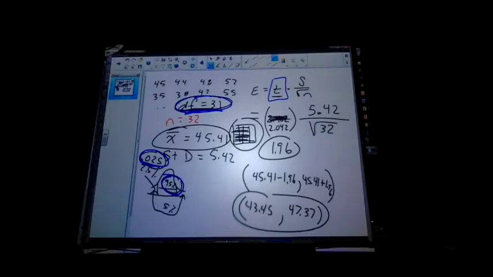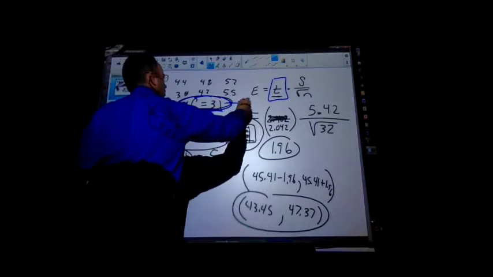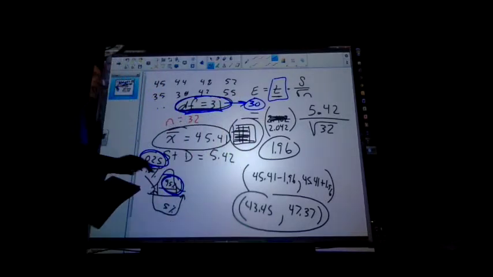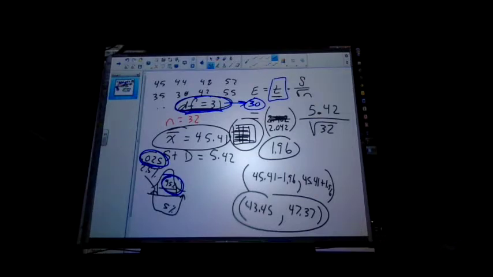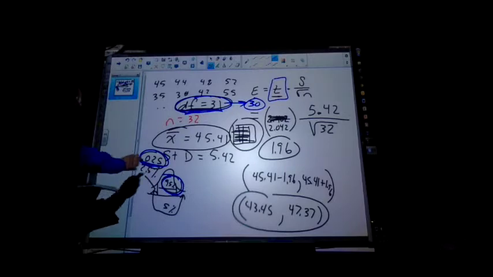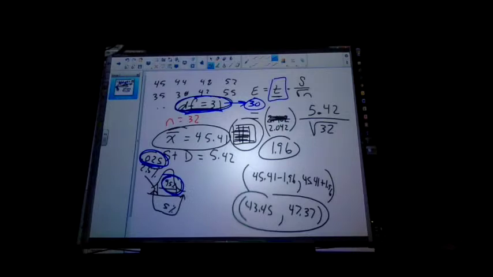Unfortunately, our table goes 30, then 40. So we're going to check the 30, because that's the next closest to it. And so I'm down at 30. And then I'm going to go over and find the 0.025, because that's the amount of area in the tail to the far left of the 95. 95% of my data will fall within here.